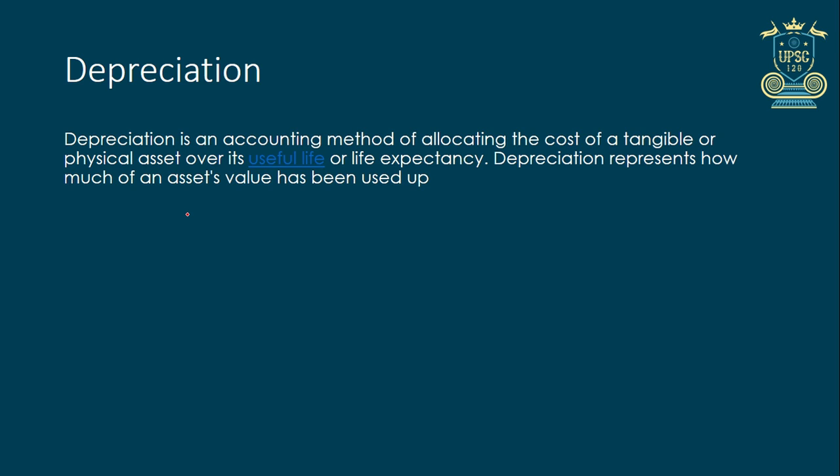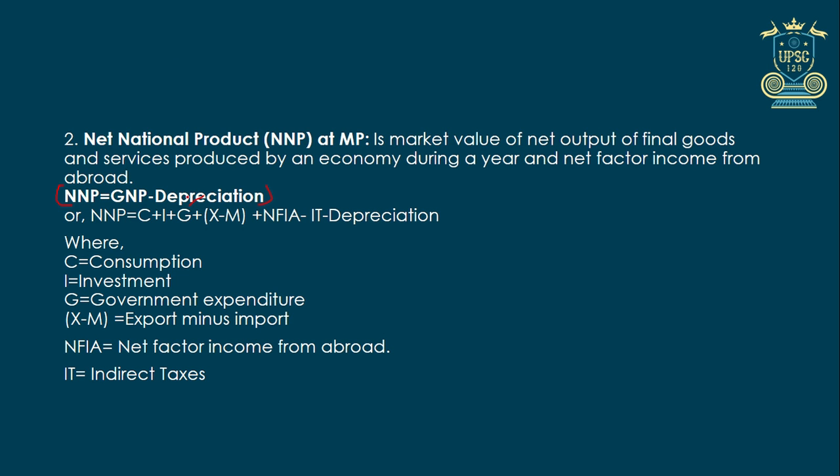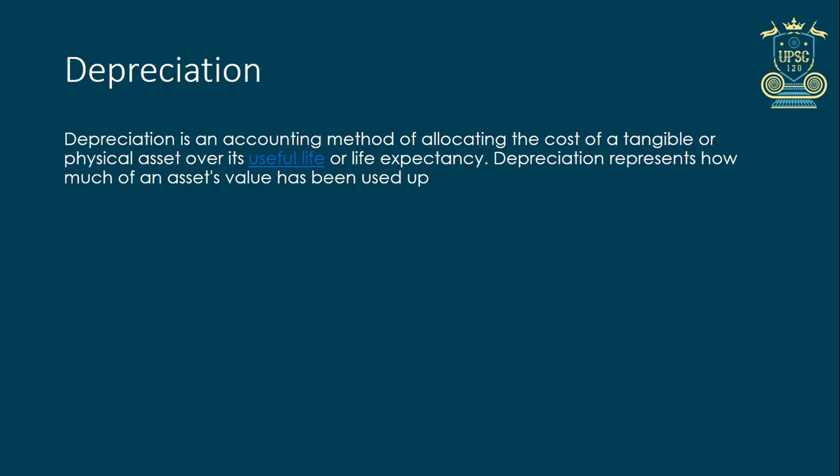So that is depreciation. That depreciation has to be reduced from GNP. If we reduce that depreciation, we get NNP. So depreciation means reducing the value of the wear and tear that has occurred over the years. So NNP is GNP minus depreciation.